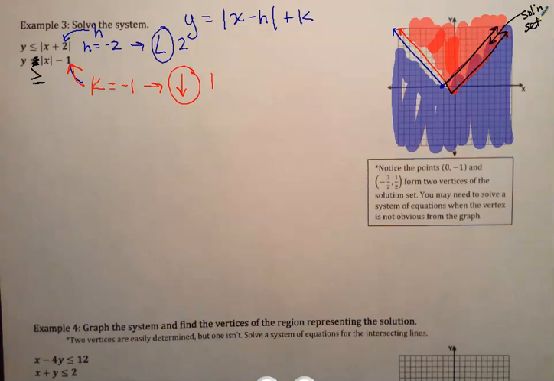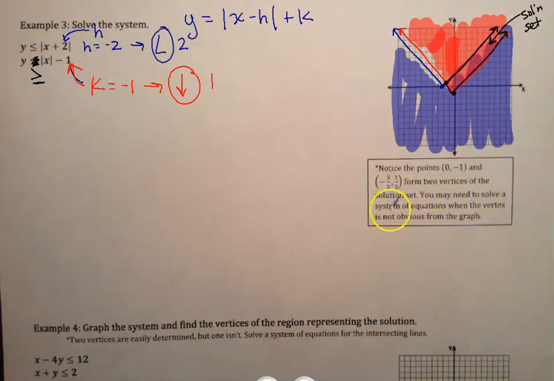Okay. Now it says, notice the points (0, -1) and (-3/2, 1/2). That would be this point right here. They form two vertices of the solution set.